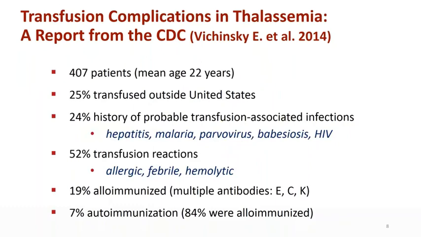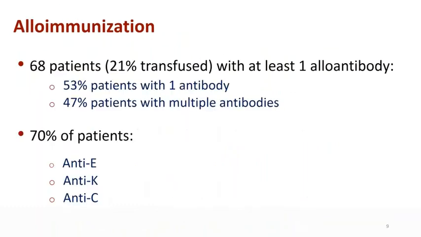When one looked at the antibodies, 19% of the whole population were immunized, usually to E, C, and K, often multiple antibodies, and of those total population, 7% developed an autoantibody, and most of those were alloimmunized. When you look at more detail in this population, you would see that 47% of the transfused population had multiple alloantibodies, and that of this group, 70% of the antibodies detected were big E, K, and C.